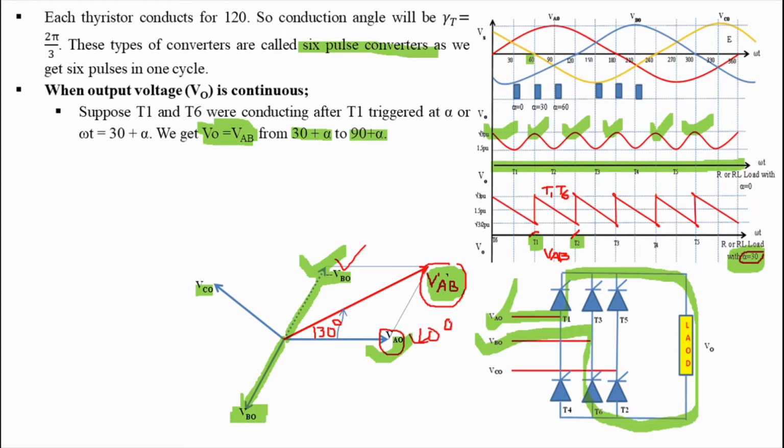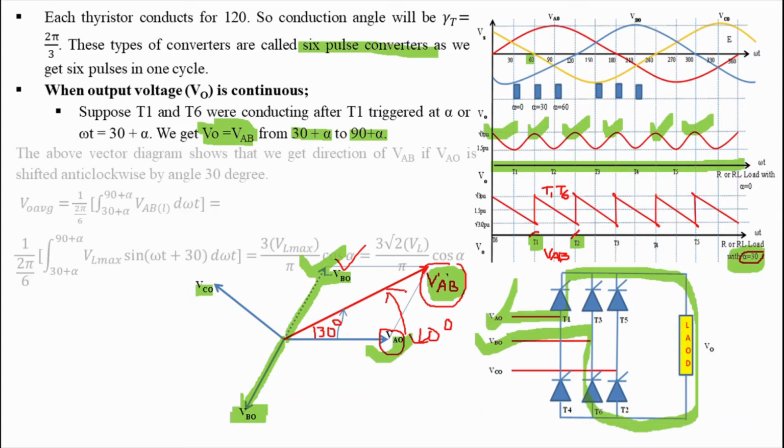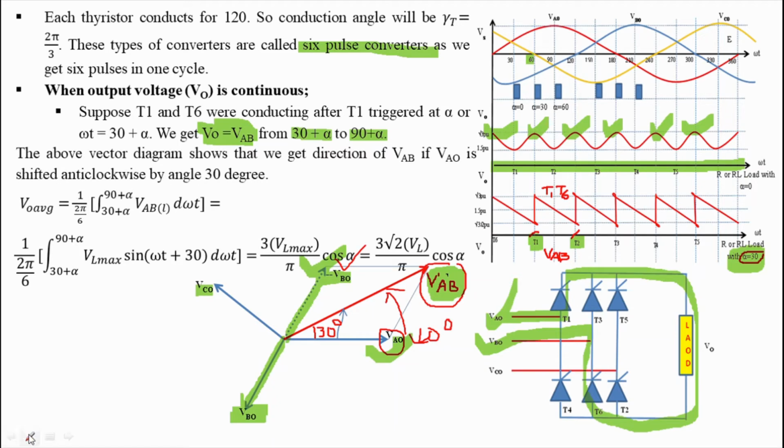So we can say that VAB is 30 degree phase displaced from VA0. So we can write the expression VAB is equals to VL max, that is maximum value of line voltage, because VAB is line voltage. So VAB equals maximum value of line voltage times sine omega t plus 30 degree, 30 degree because it is phase displaced by 30 degree from reference phasor VA0.